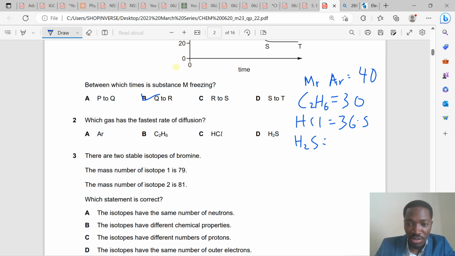Then sulfur is 32. So 32 plus H2, which is 1 times 2. H2 is 2. 2 plus 32 gives you 34. So which of them has the lowest mass? This is the one that has the lowest mass, and this is the one that will have the fastest rate of diffusion. The one with the least relative molecular mass will diffuse fastest.